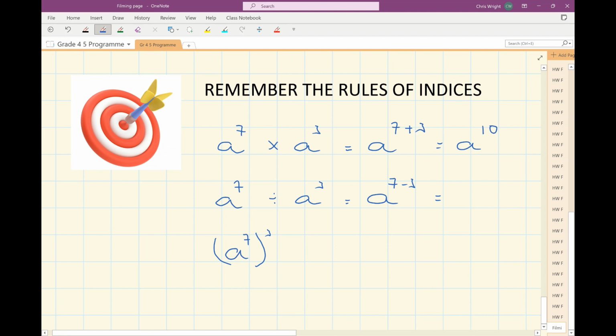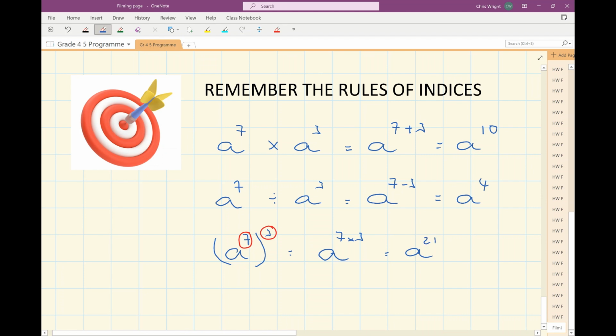So that one will be a to the power of 7 minus 3, a to the power of 4. And you need to remember that when you have an expression which involves a power and it's raised to another power, you multiply those indices together. So this is going to be a to the power of 7 times 3, a to the power of 21.